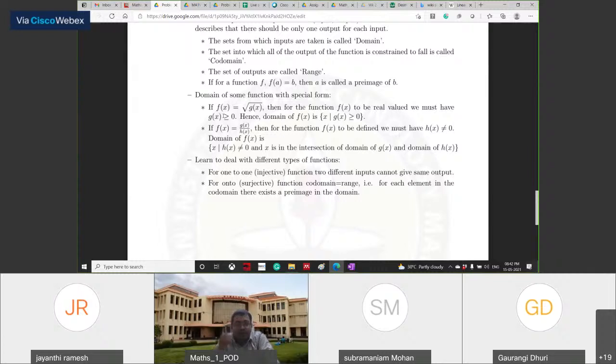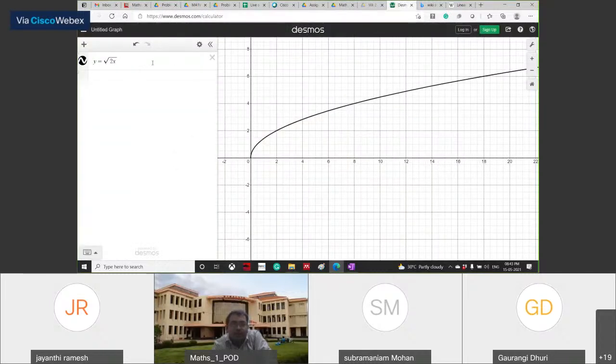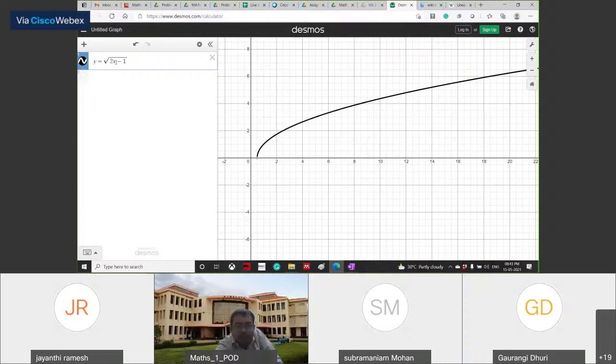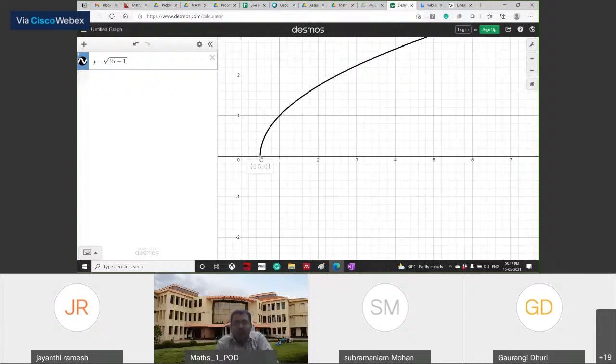For root 2x, 2x should be greater than or equal to 0. If we put 2x minus 1, the domain starts from 0.5, right?